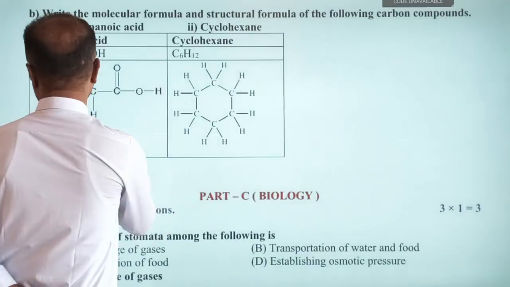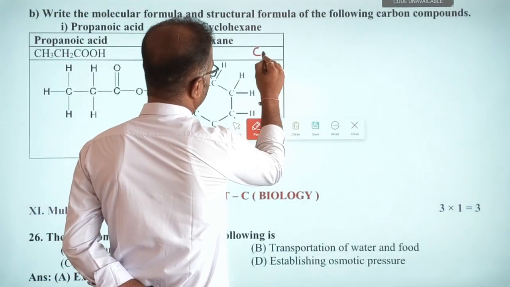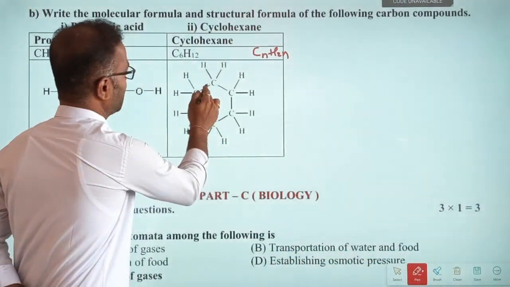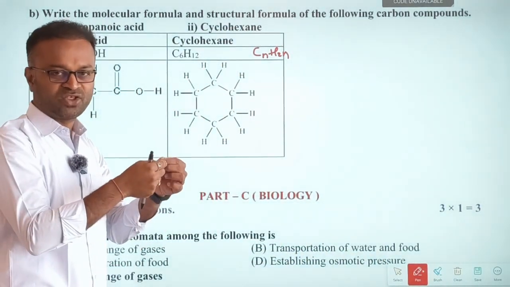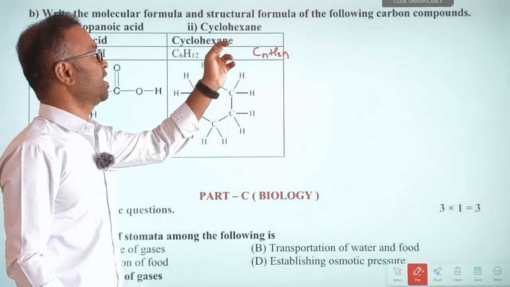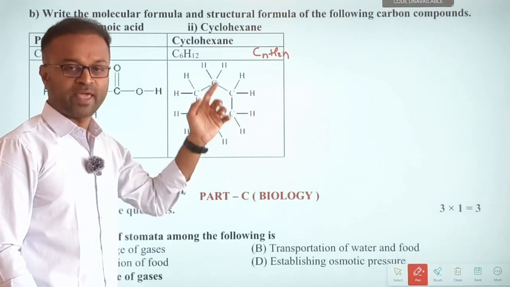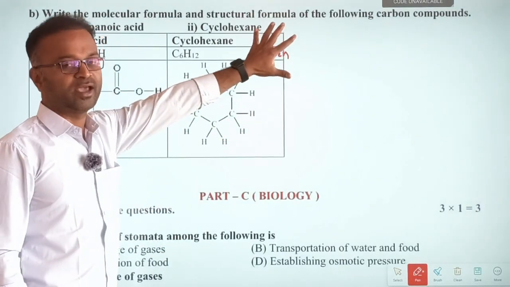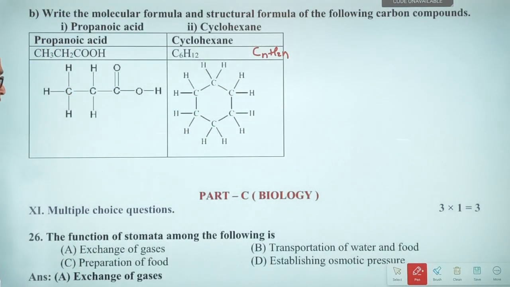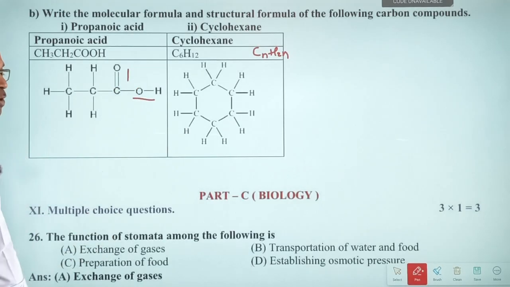Cyclohexane formula will always be CnH2n only, because the terminal ends of the carbon will attach to each other, or 2 hydrogens will be reduced. Sir, cyclohexane is ANE, so write CnH2n plus 2? No, cyclohexane formula will be CnH2n. Don't get confused. So write the structural formula 1, 2, 3. Here we are writing double bond O and single bond OH, oic acid.